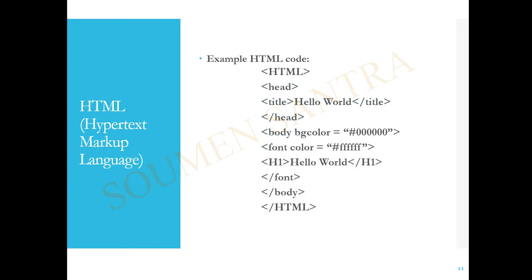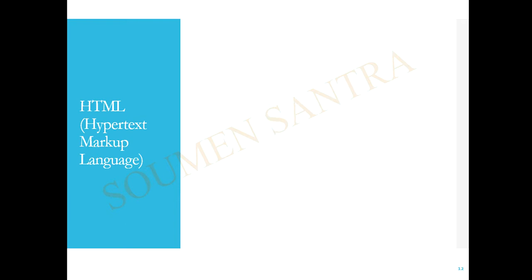Now I am showing an example of HTML code. Here we use the html tag, head tag, and title based on the features, and then we give the background color of the body, we use the font color, and we print Hello World. Remember, the tag which opens first must close last. This is one of the most important things.